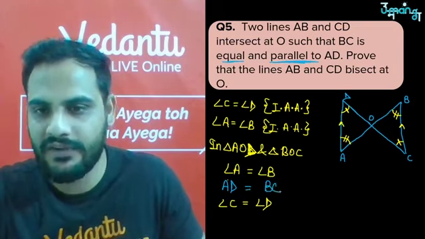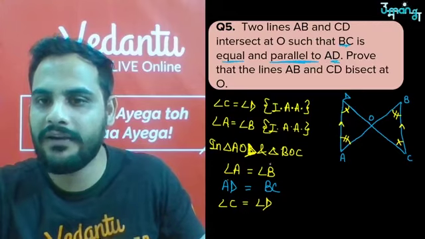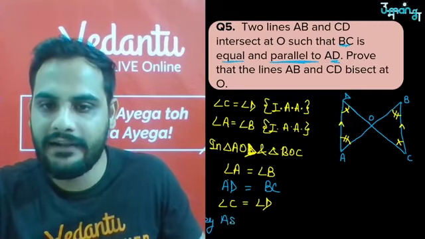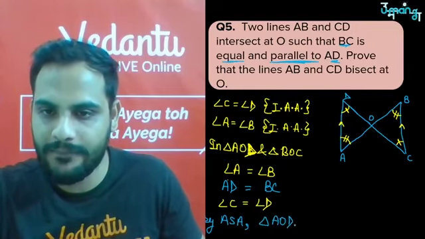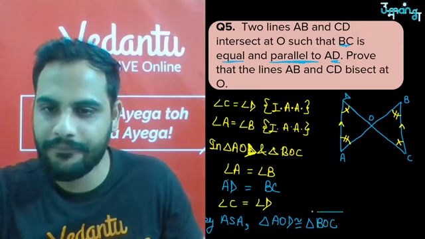AD is equal to BC, it is also given. AD and BC are equal and parallel, so they are equal also. So by angle side angle criteria, I can say triangle AOD is congruent to triangle BOC.